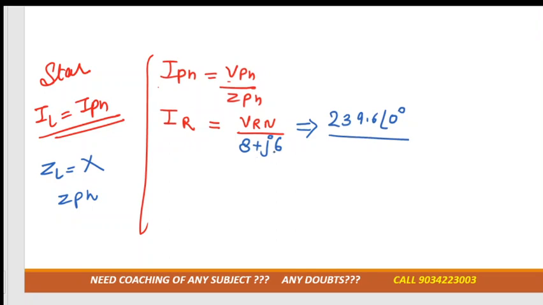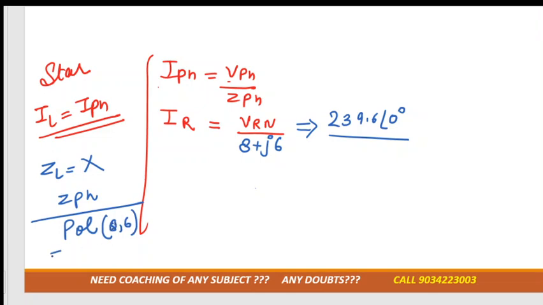Now this is in rectangular form. For division, we need to convert it into polar form. Convert this 8 plus J6 into polar form. You know how to convert? Press shift, then press Pol, because you need to convert it into polar form. Then Pol, 8, comma, 6.